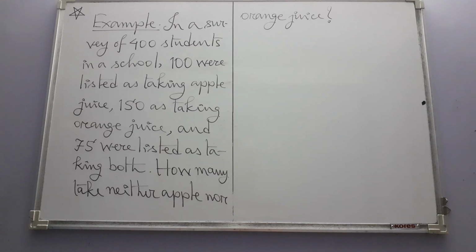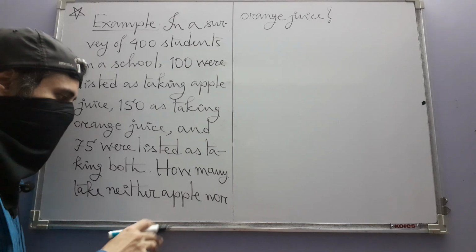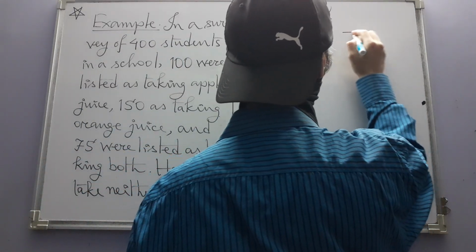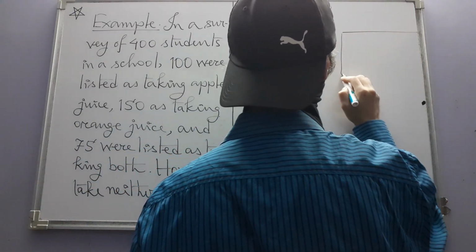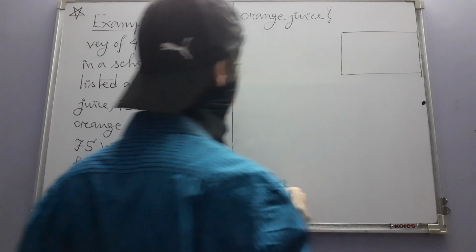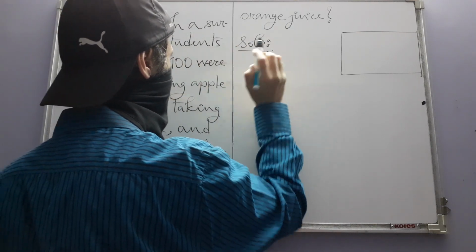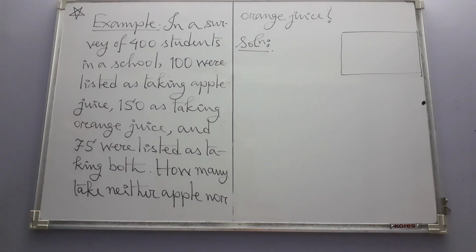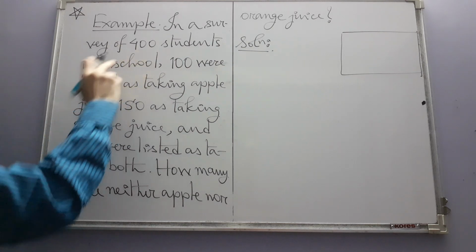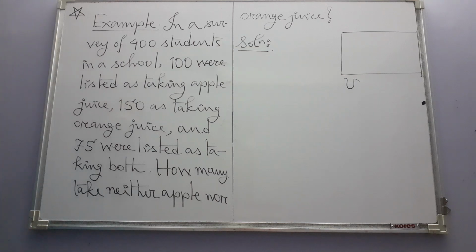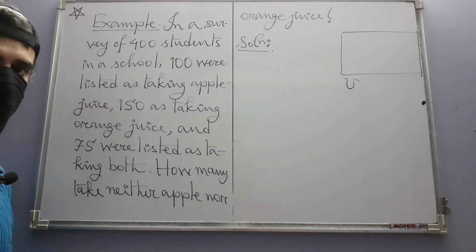All right. Now, in order to make this clearer, we can draw a little Venn diagram for our own understanding. This Venn diagram is not a part of the solution. You need not draw it. So, let me denote by U the set of all students in the survey.